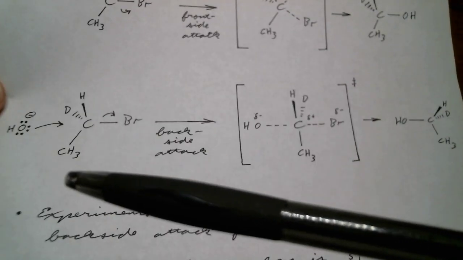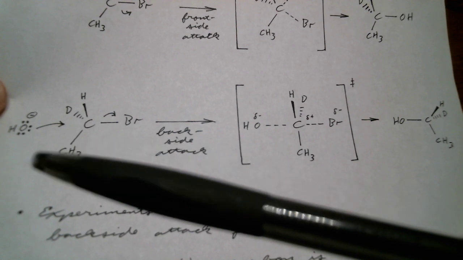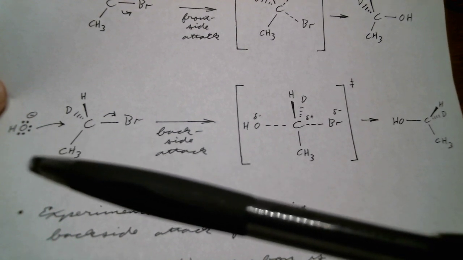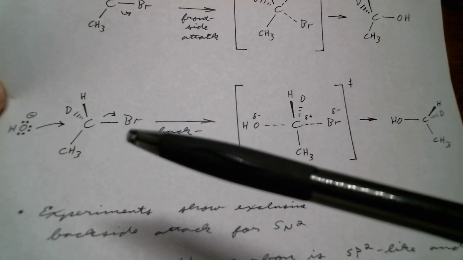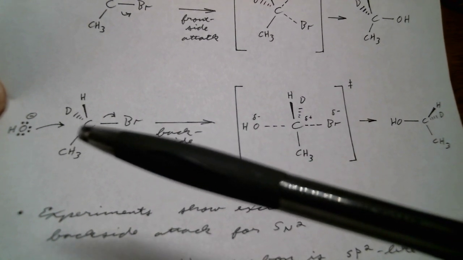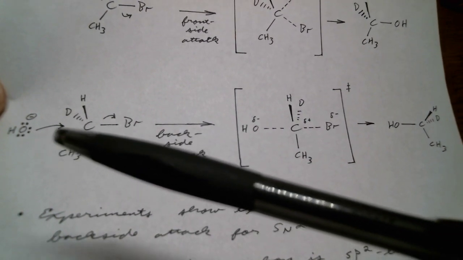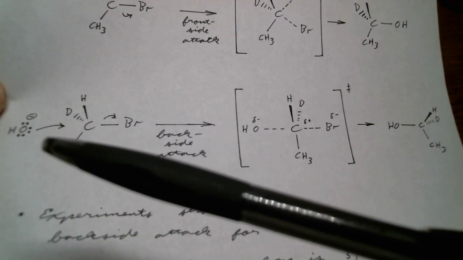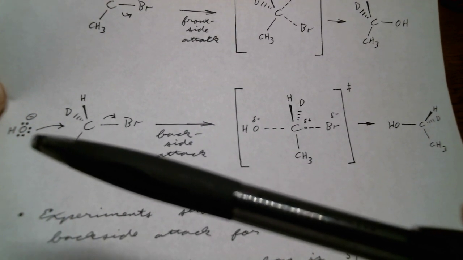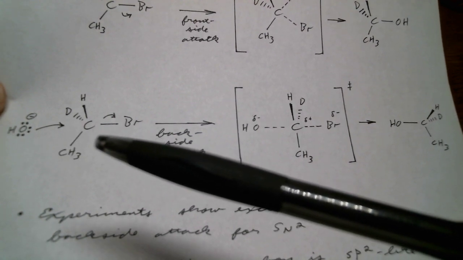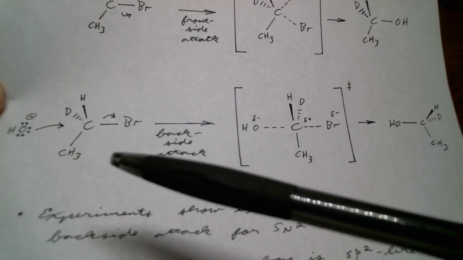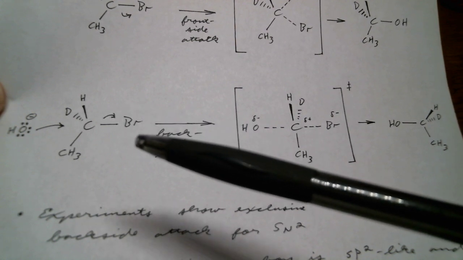Let's consider the backside attack paradigm, where our hydroxide nucleophile now approaches the carbon from the opposite side of the bromine leaving group. So that's the backside of the carbon. We've drawn an arrow pushing diagram that indicates we're going to use a pair of electrons on the oxygen to form a bond to carbon, and if we form that bond, we have to break this bond. So we'll push those electrons onto bromine.